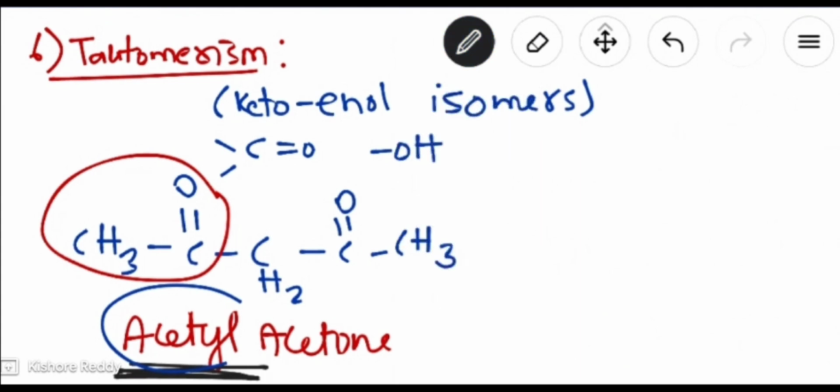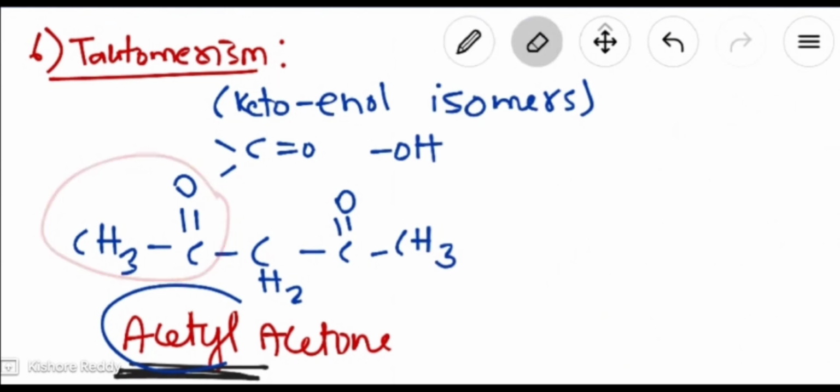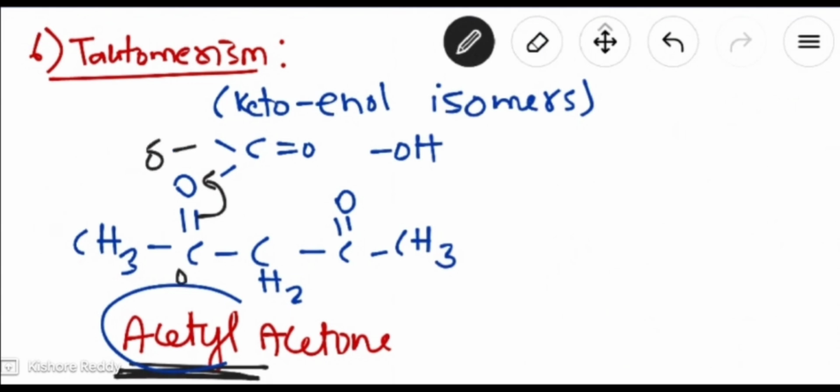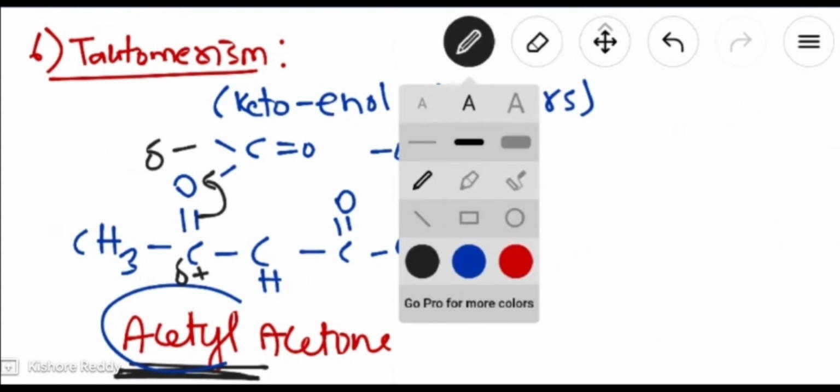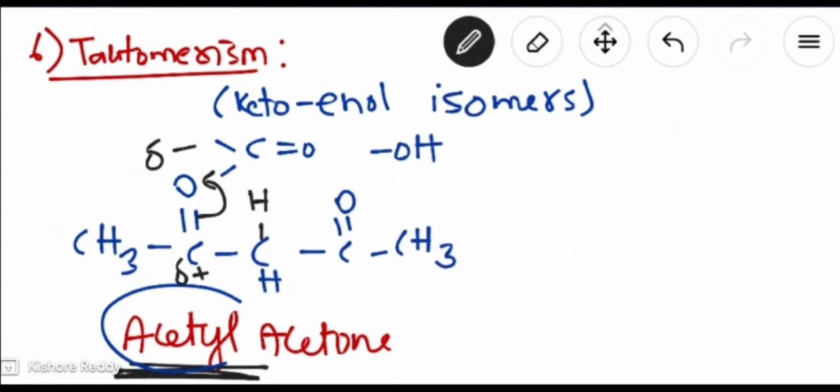You know very well. Oxygen is more electronegative, right? So what will happen to this? This can attract the shared pair of electron towards itself. Is it right? So this goes towards this. So partial negative charge. Carbon gets partial positive charge. Next step is the hydrogen which is present in the adjacent position.